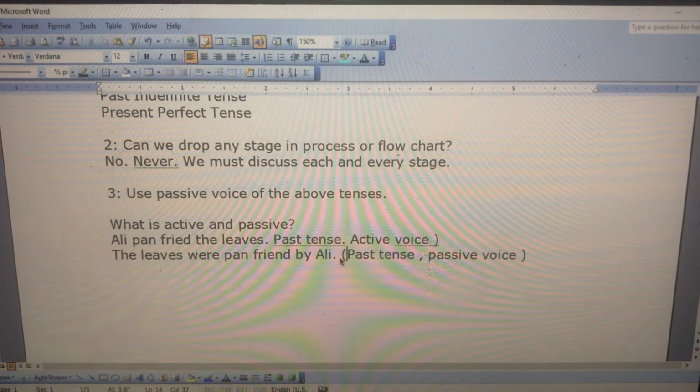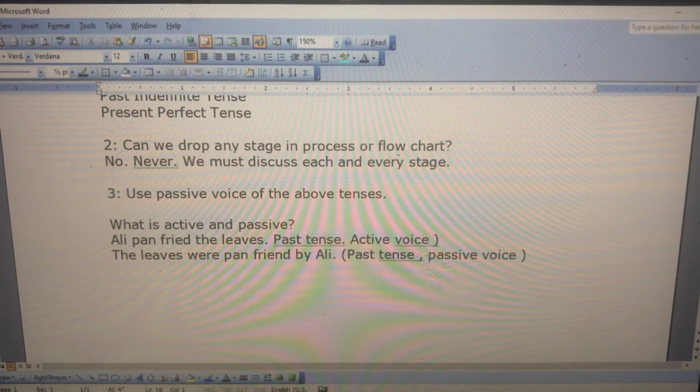What is the purpose of using active voice and passive voice? This is also a very important question, right? For example, if I come to the class and I see there is a chair and the chair is broken, I ask Amir Zaid, who broke the chair?